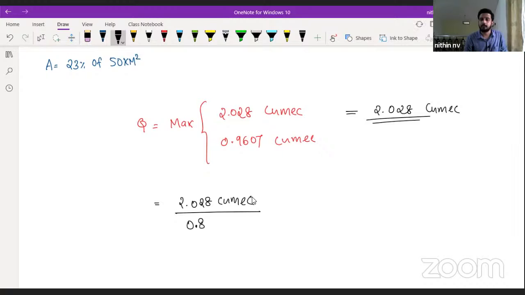And time factor is also given, that also we have to divide. What is this time factor actually? Maybe you are planning to give water for 10 days, but for canal lining or some repair work, you are actually planning for 9 days supply of water only. Then what you have to do? Daily you have to give more water.